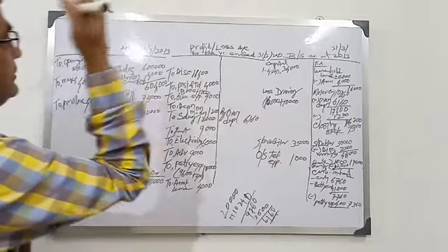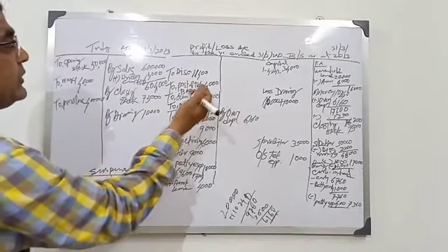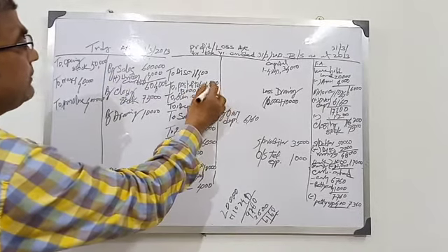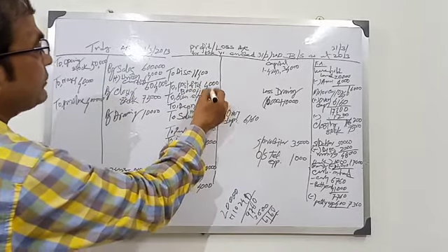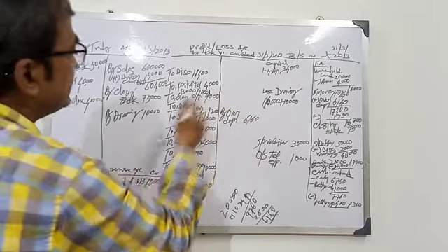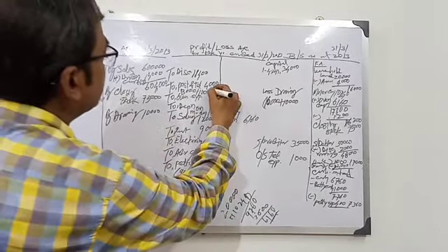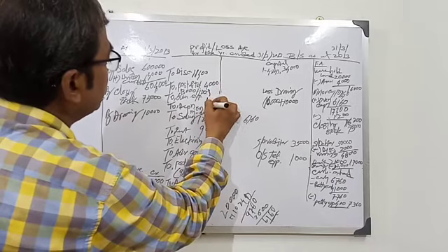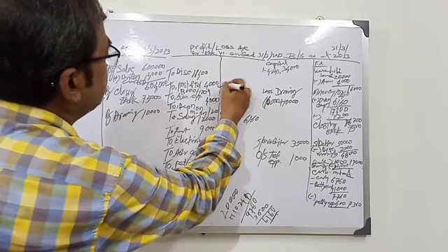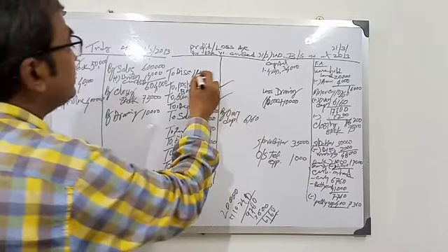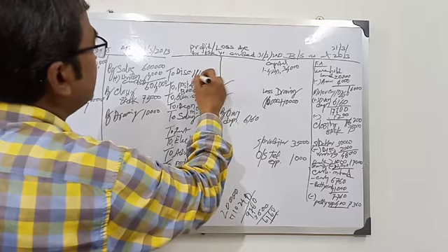So journal: telephone expenditure debit 1,000, and so it becomes 4,000 from 3,000. General expense 4,000 there. So your telephone expenditure 4,000, general expenditure 4,000, discount allowed is 11,400.